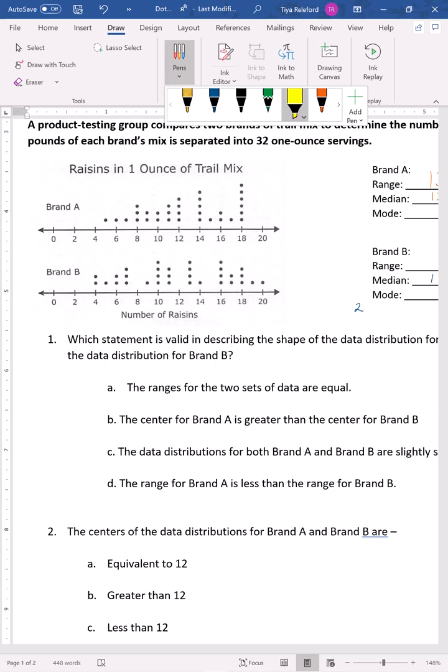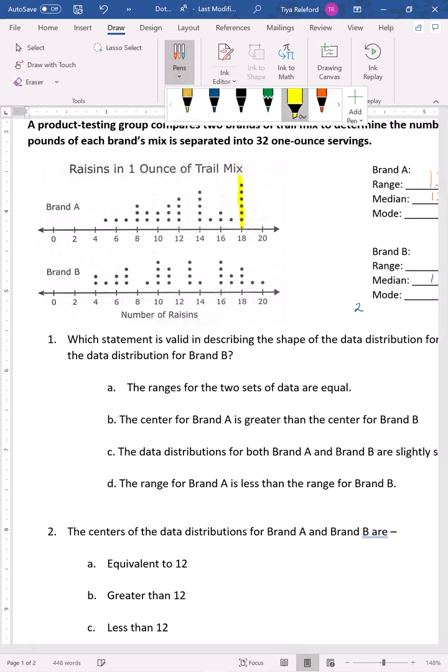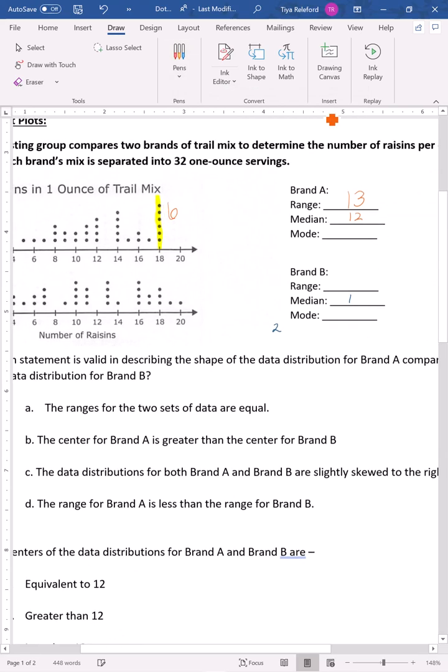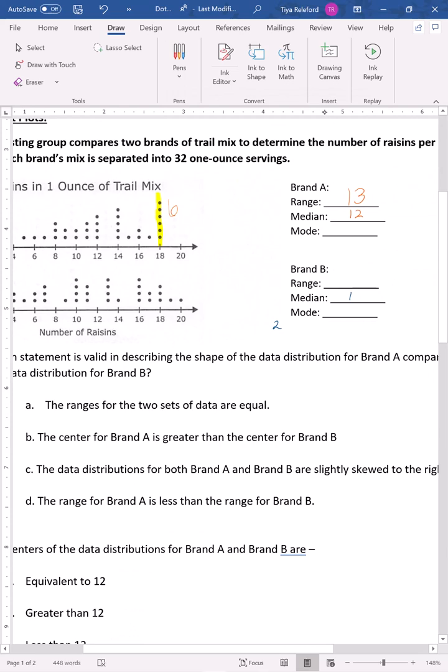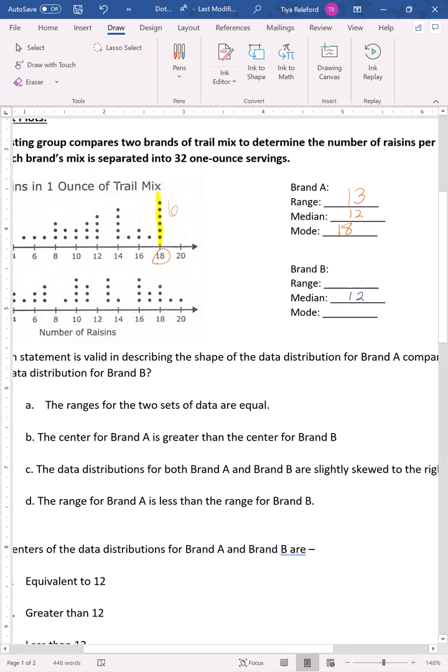So if I look at brand A, 18 has 6 dots and nobody else has 6 dots. So the mode for brand A is 18.